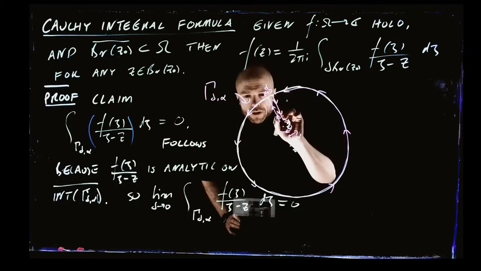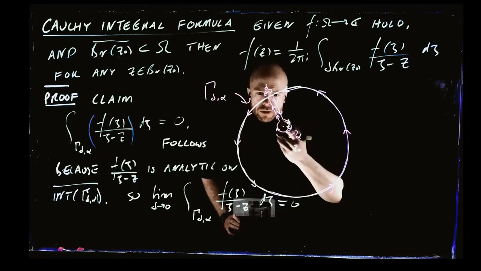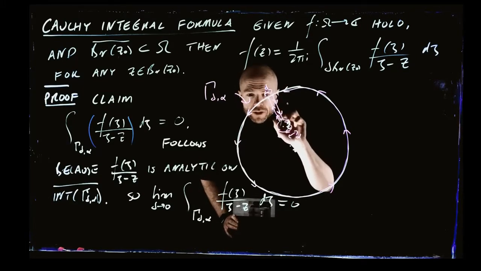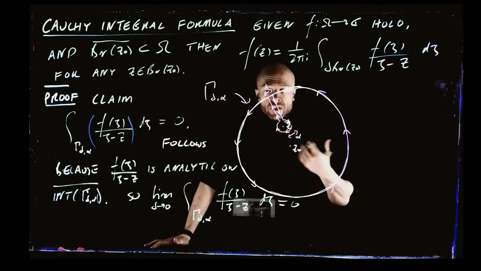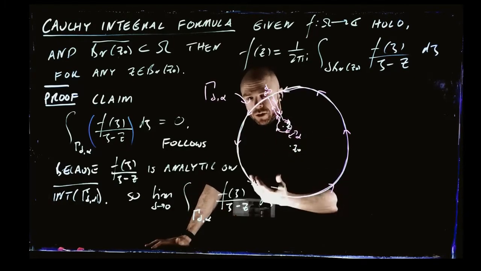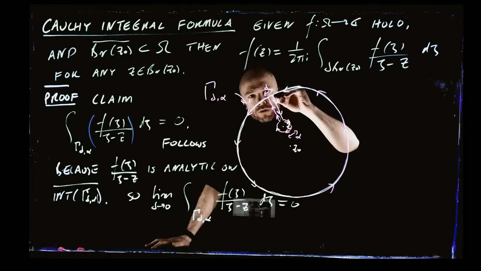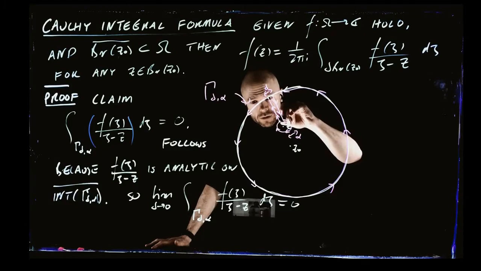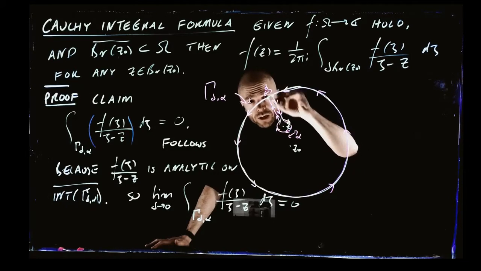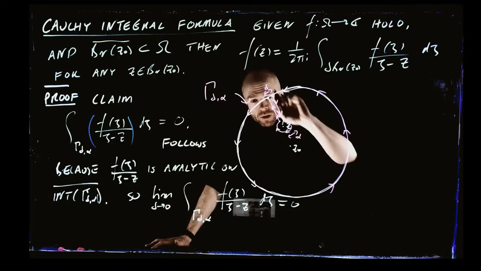And if these things were exactly on top of each other, we would know that they would cancel out. But they're not quite on top of each other. There's this tiny delta. But being a differentiable function, it's also continuous, right? So the difference between the integral from here to here, as opposed to the integral from here to here, in the same direction, is incredibly small.